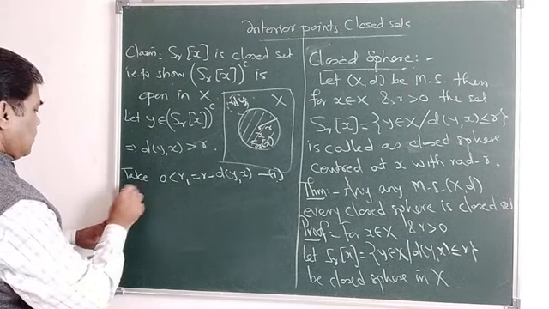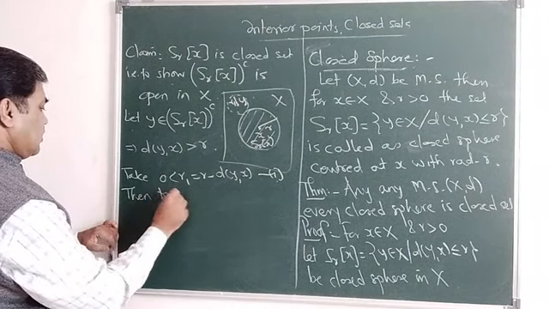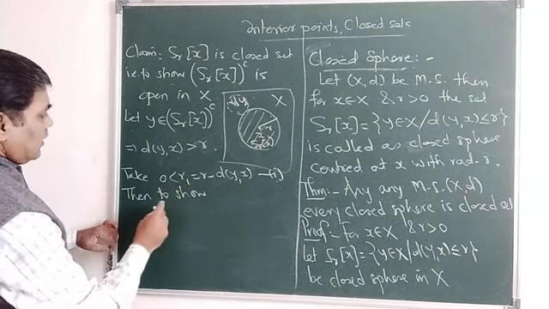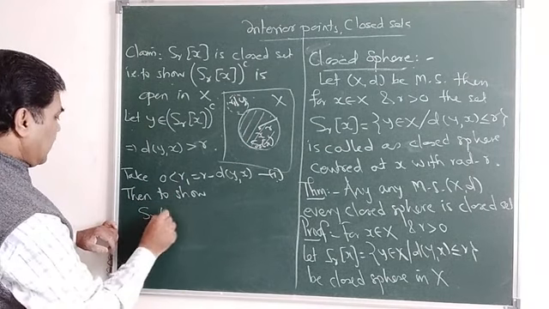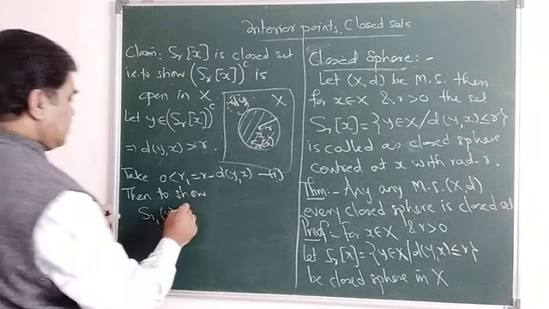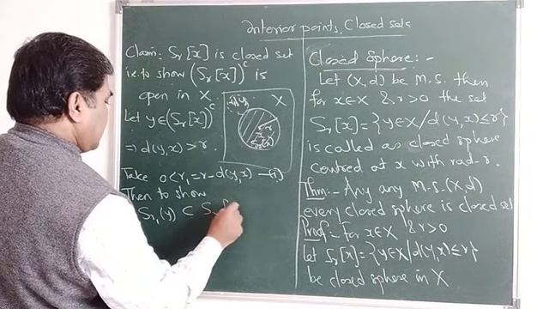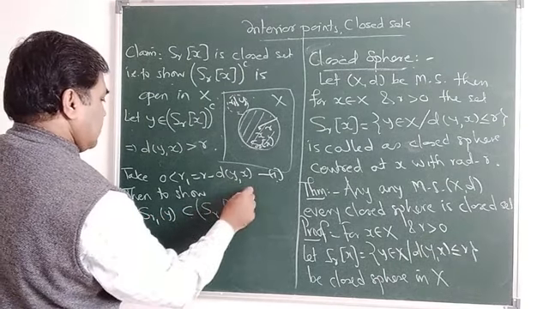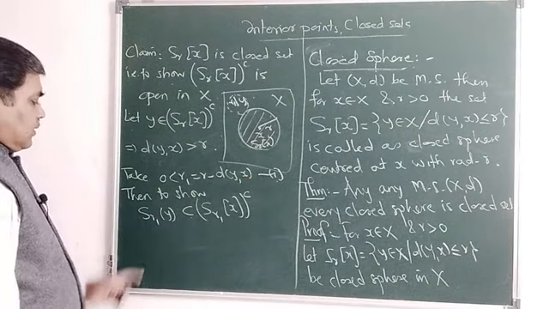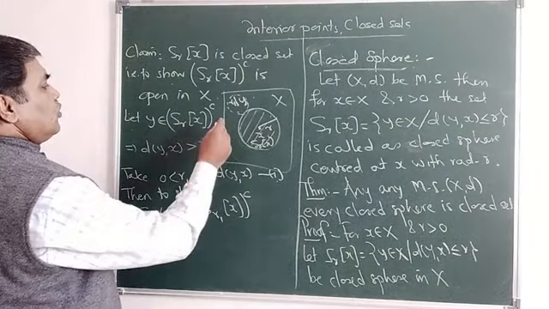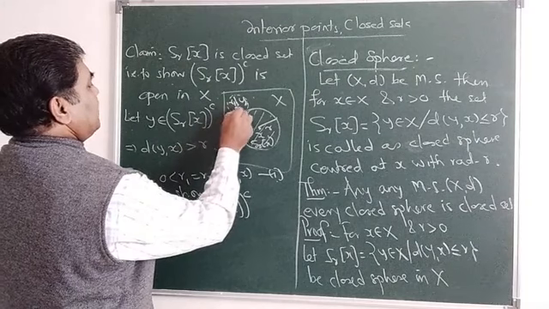Then to show S_r1(y) is a subset of the complement of S_r[x], we'll take an arbitrary point z from it.